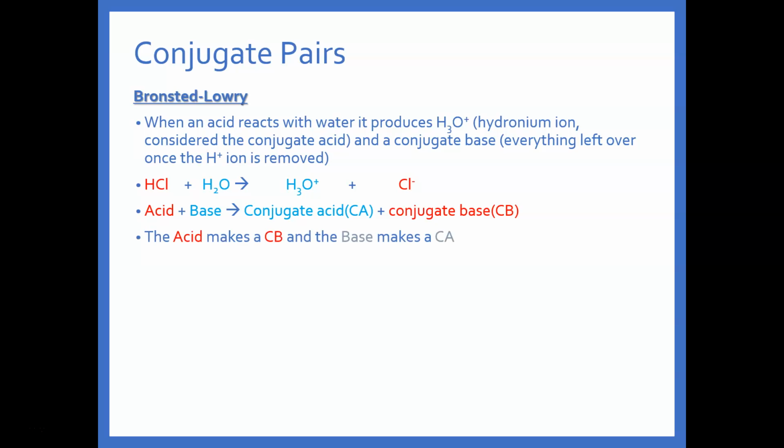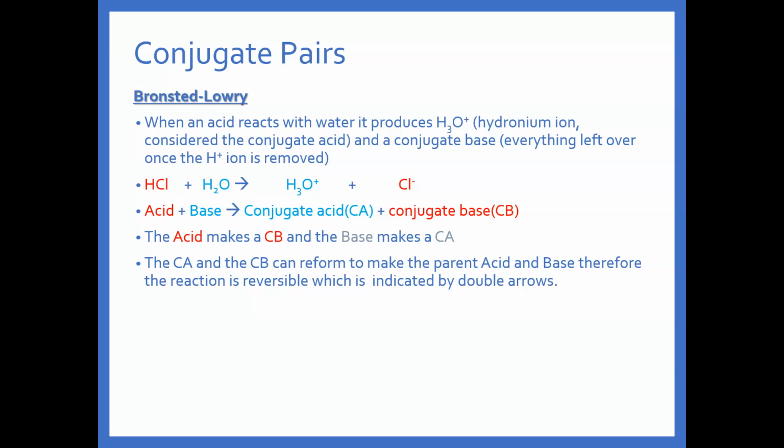Once again, the acid makes a conjugate base, and the base makes the conjugate acid. The conjugate acid and the conjugate base can reform to make the parent acid and base. Therefore, these reactions are called reversible. So we'll often, instead of just using a single arrow like you see above, use a two-headed arrow or double arrows in order to show it could go backward and forward.